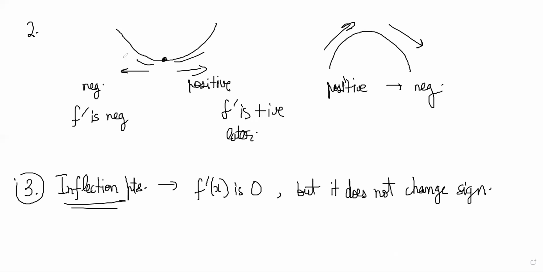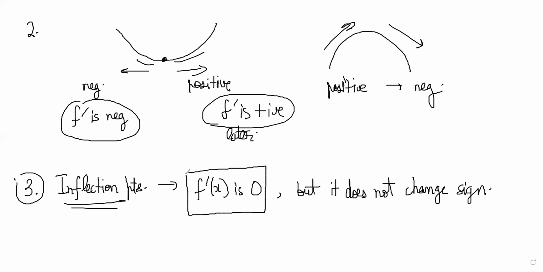Here the first derivative was negative and then it became positive, so the first derivative is actually changing sign. But you can find a critical point where f dash x is 0 and both sides the first derivative has the same sign. It could be positive this side and positive this side, not in this figure.